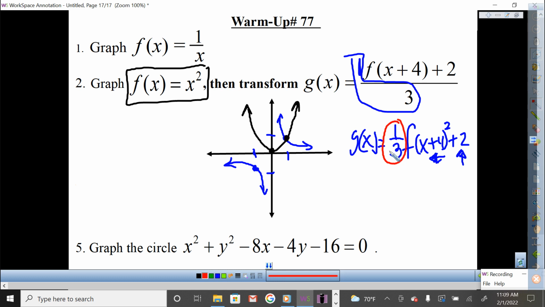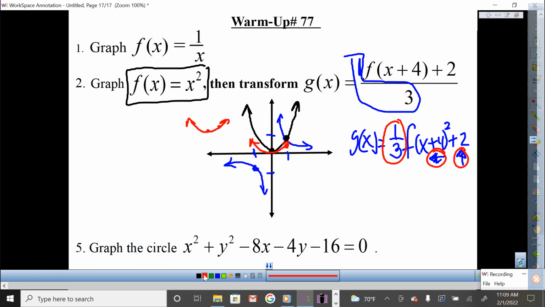It's going to compress, yes, vertically. If it was a whole number, it would stretch it. So here, instead of being 1, 1, it's going to be 1, 1/3. So here's my compression. Here's a little itty-bitty parabola right there. And now we can move it 4 to the left and 2 up. So it's going to end up somewhere over here. That make sense, yeah?